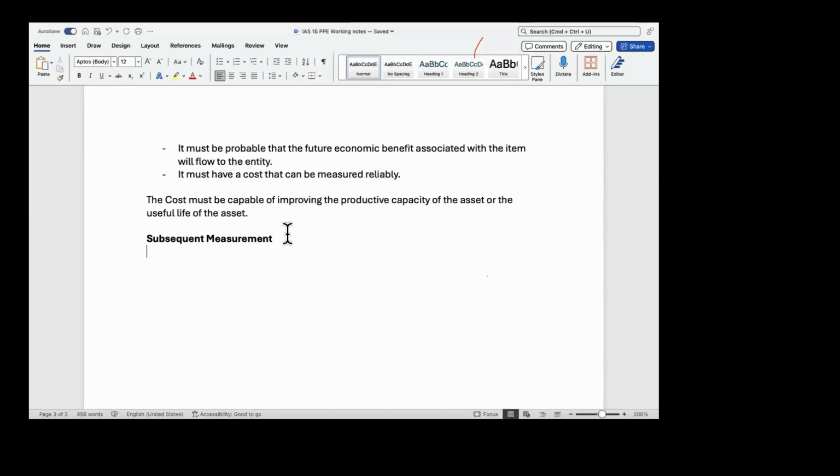And when it comes to an item of PPE, there are two subsequent measurements. We have the cost model, and we also have the revaluation model.